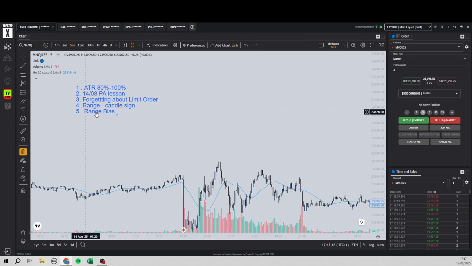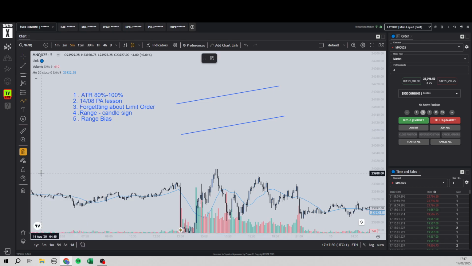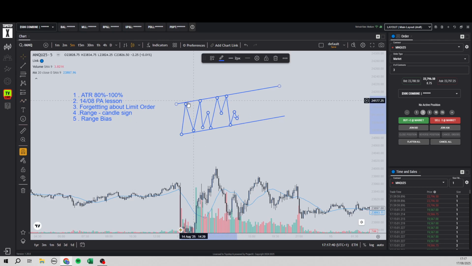So, number five, we have range bias. A lesson that I learned is that let's say we have a market that is bound in a range, like so. Say something like this, a very clear range. And let's say we have these two trend lines here drawn out.